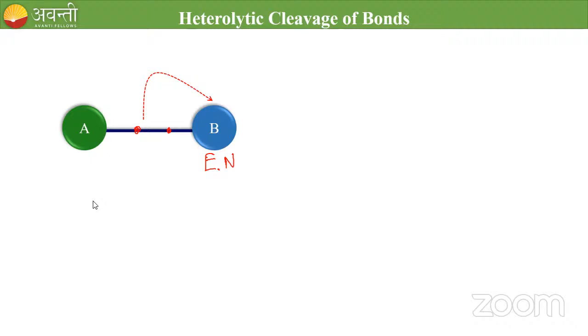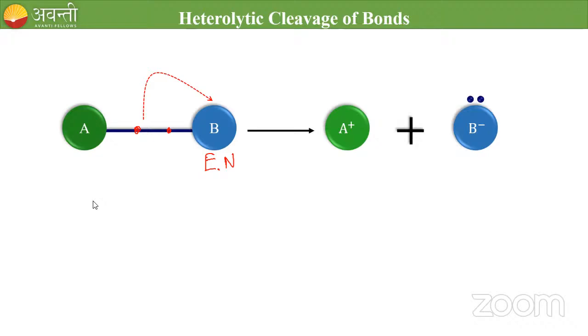So the electron which belongs to A will also come towards B and they will form A plus and B minus. Why is A getting a positive charge? Because it is losing its electron, that's why it is forming a cation. And since B is gaining the electron, it is taking the negative charge. So we are getting two different types of intermediate from here.